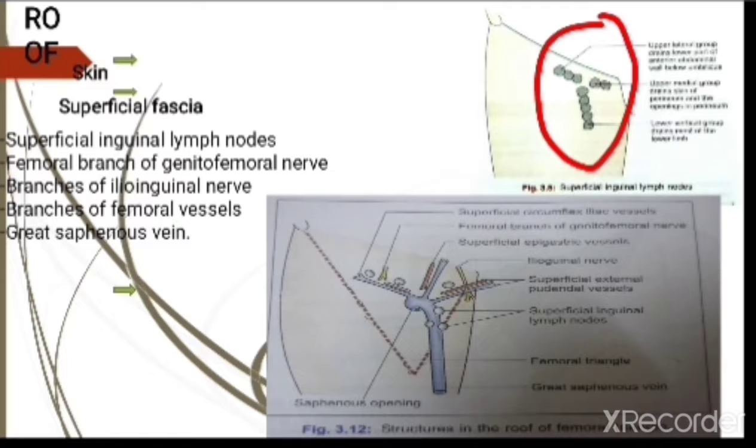Then here we have the femoral branch of the genitofemoral nerve, as we can see in the diagram. Then branches of the ilioinguinal nerve, branches of femoral vessels which supply the skin of the femoral triangle, and the great saphenous vein. This is the largest cutaneous vein of the lower limb.